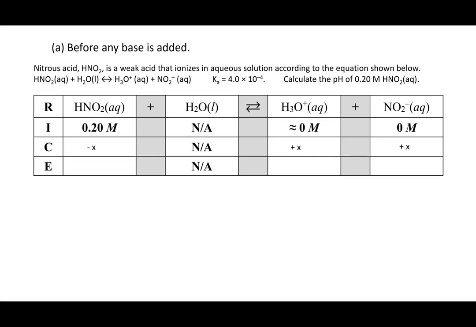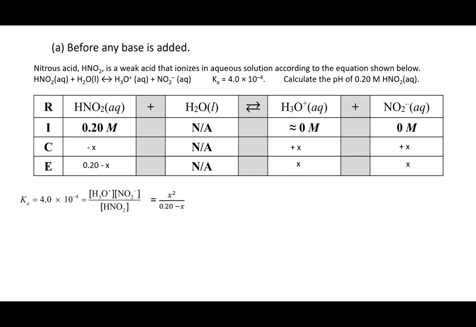We know this is an equilibrium reaction, so we do minus X because we don't really know how much HNO2 dissociates to form H3O plus and NO2 minus, but stoichiometry tells us it's a 1-to-1 ratio. So we write minus X for HNO2 and plus X for H3O plus and NO2 minus. So our equilibrium position is 0.2 minus X for HNO2 and X for H3O plus and NO2 minus.